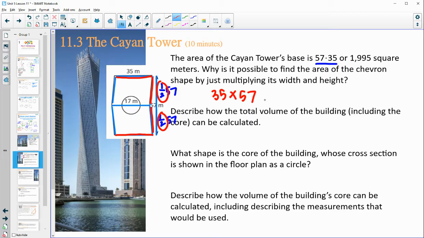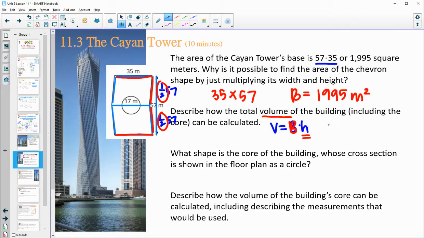So how could we figure out the total volume? So this is giving us that this cross section is 1,995 square meters for each section. So how could we figure out the entire volume? So remember, volume is area of the base times the height. So we have the area of the base, so we would just need to multiply by the height of the building.